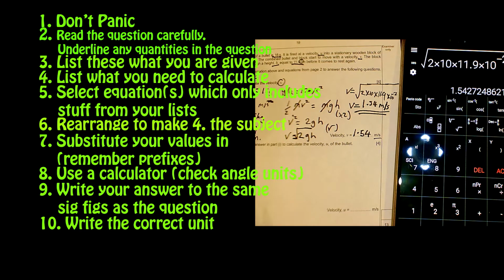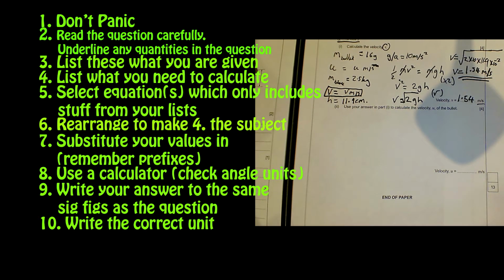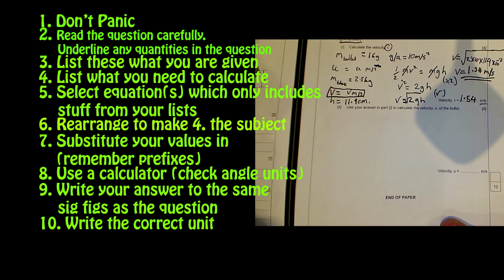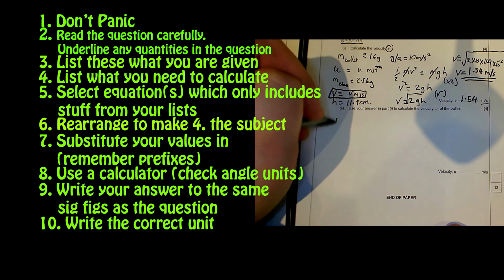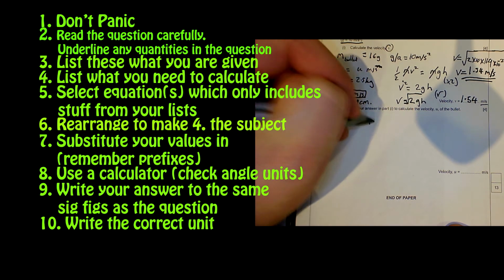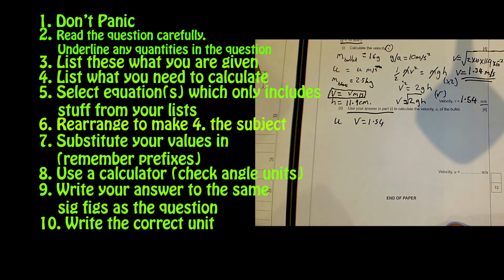Now we can run through those steps again. Use your answer to part 1 to calculate the velocity u of the bullet. This time I want u, and I've got v. v is 1.54. They've told me in the question to use your answer.